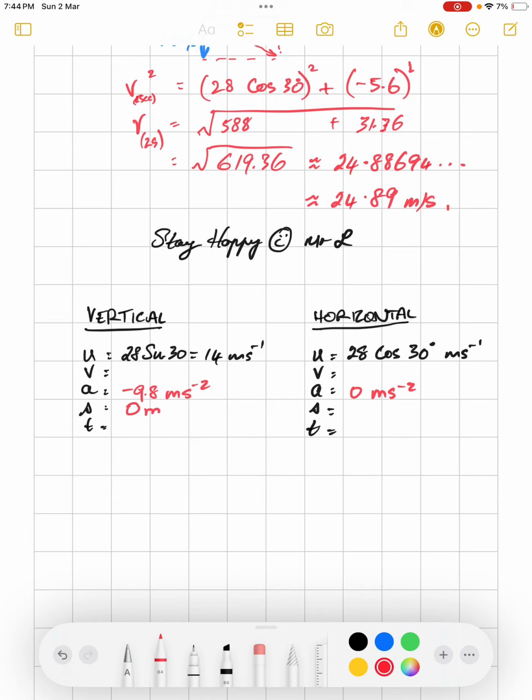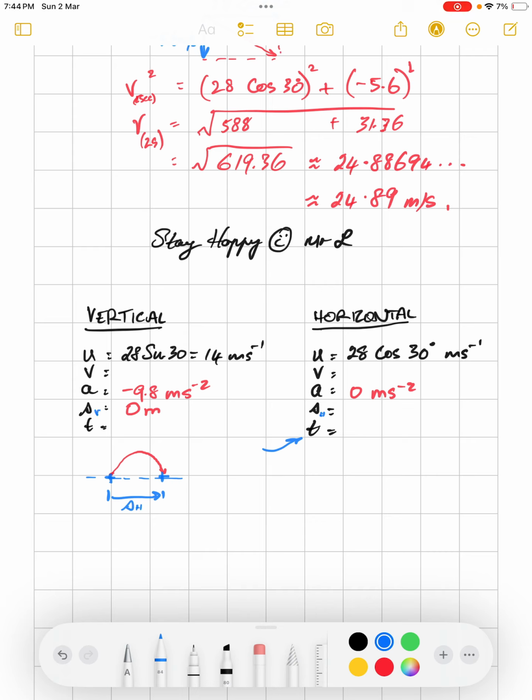That means it's gone up and it's come down to be at the same level that it started. So its vertical displacement is in fact 0 meters. Once we've got the time, we can then put the same time in here to find the horizontal distance. So that's S of H over here, and this is S of V.